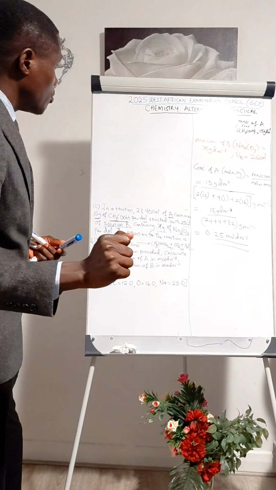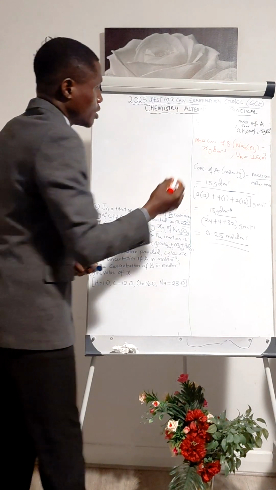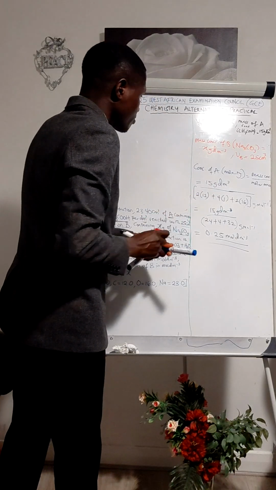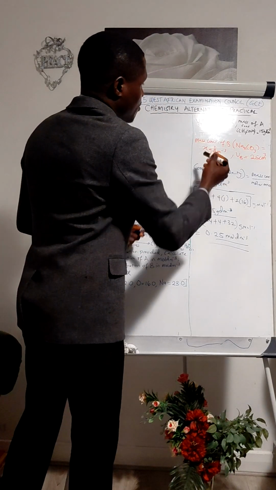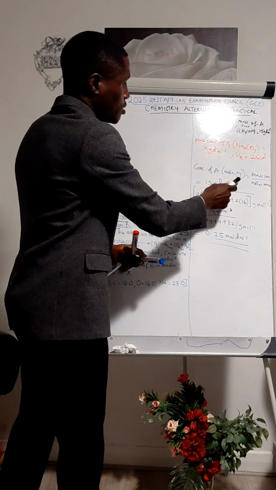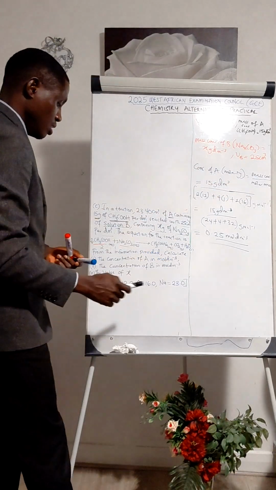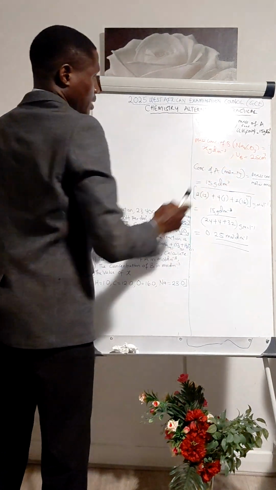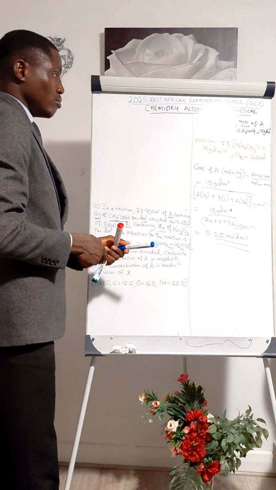We are asked to calculate the concentration of B in mole per dm cube. We are not given the mass conc here, so we cannot use this formula to get the concentration of B in mole per dm cube. This formula is not applicable to solution B.